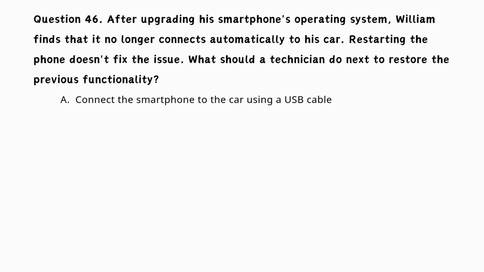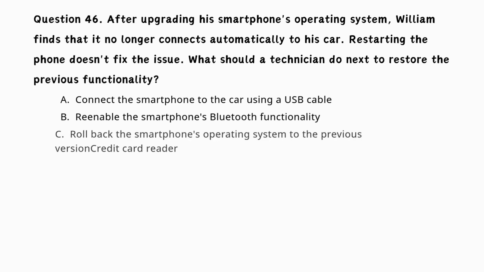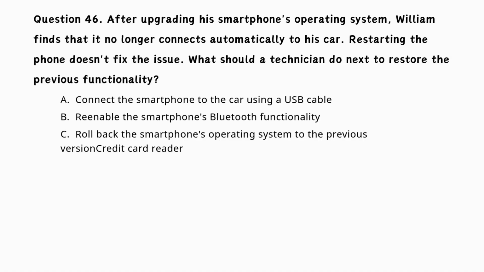A. Connect the smartphone to the car using a USB cable. B. Re-enable the smartphone's Bluetooth functionality. C. Roll back the smartphone's operating system to the previous version. D. Toggle airplane mode on and then off.